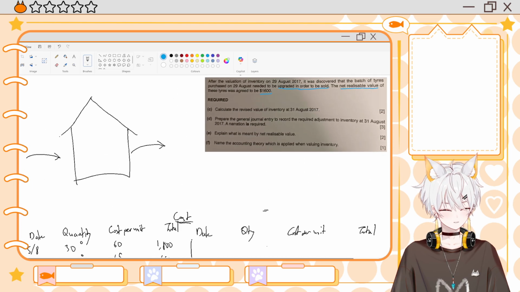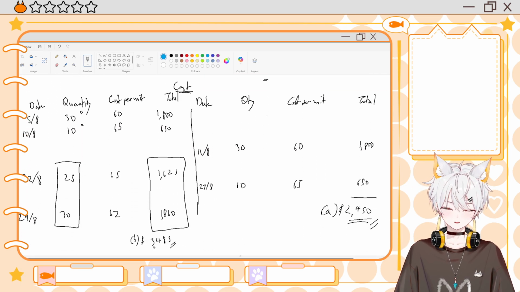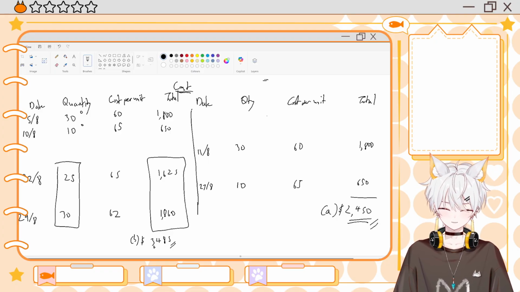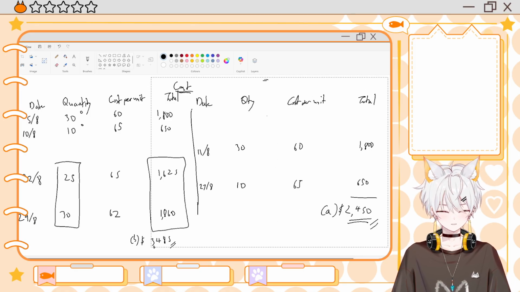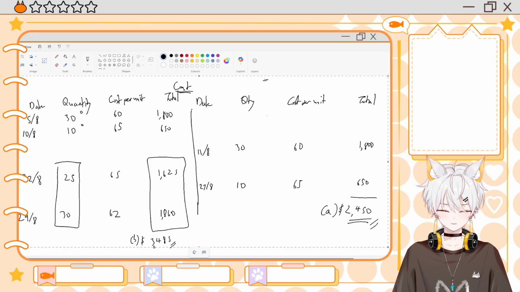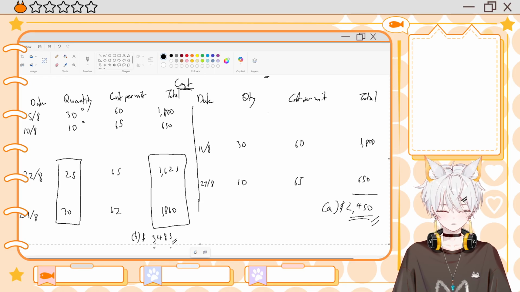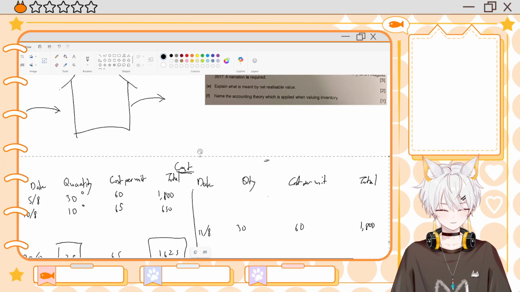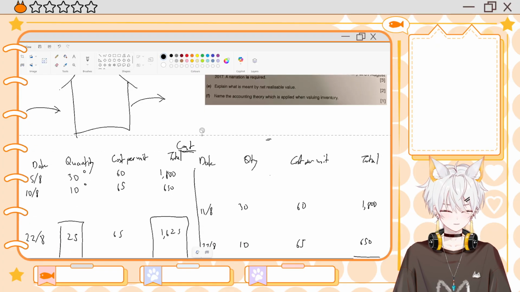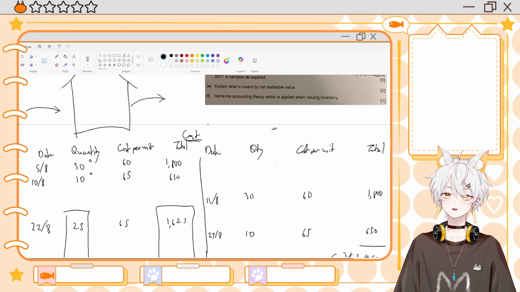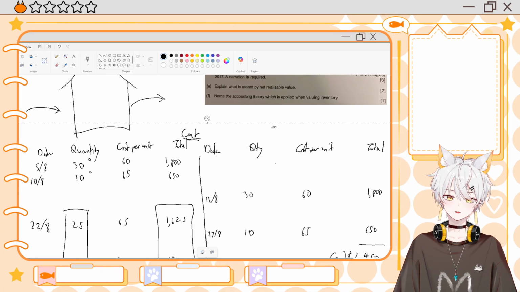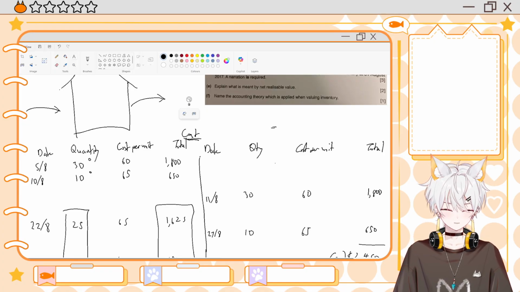So let's go back to our workings, because it's built on that. Let me move this up a bit. Hopefully everything is visible here.